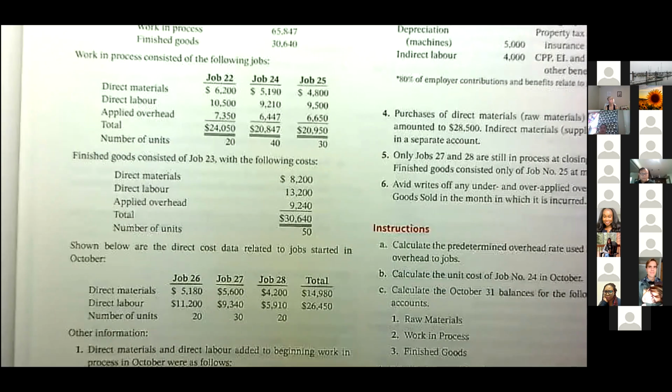Would it be the same rate in real life for different jobs? I explained on Tuesday that it can happen the company only uses one rate for the whole company, but sometimes depending on the department, some departments may use their own rate. But in this question, if you check the different jobs, they all use the same rate.